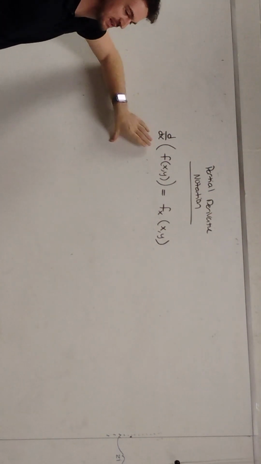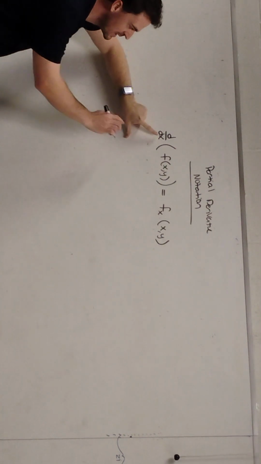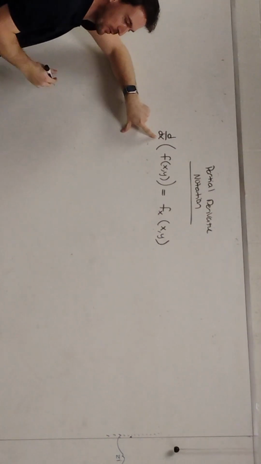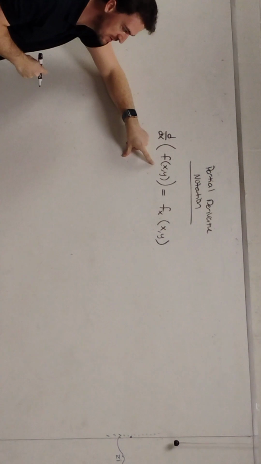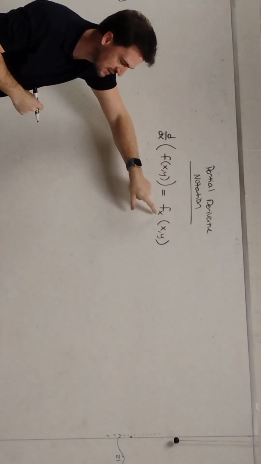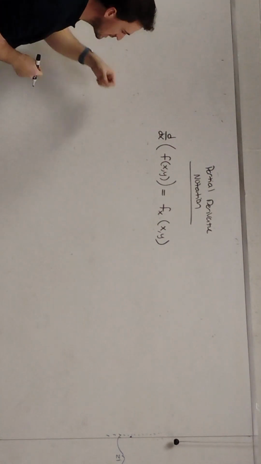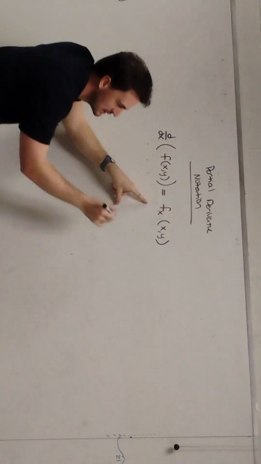We've always just written this in Calc 1, like, oh, yeah, that means taking the derivative. But now this x down here is super important. You're taking the derivative of this function with respect to x. So this is the notation that I just showed a second ago, f sub x.